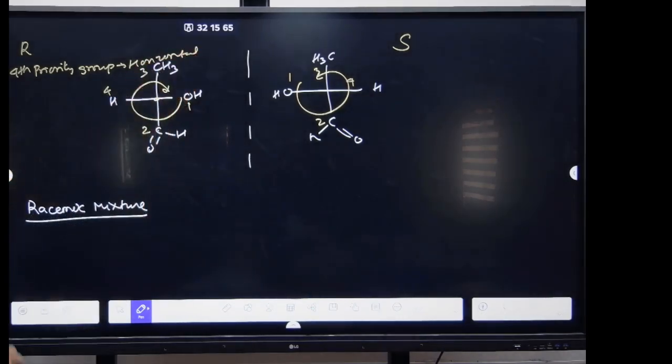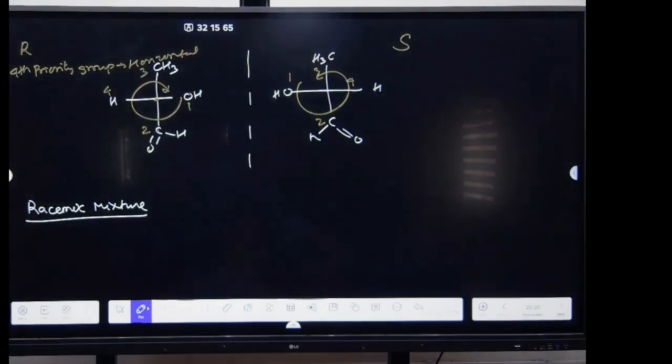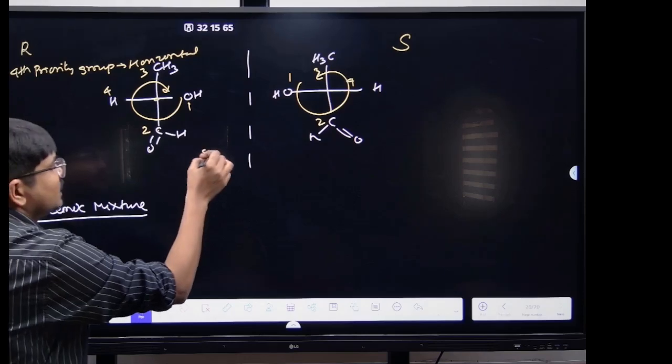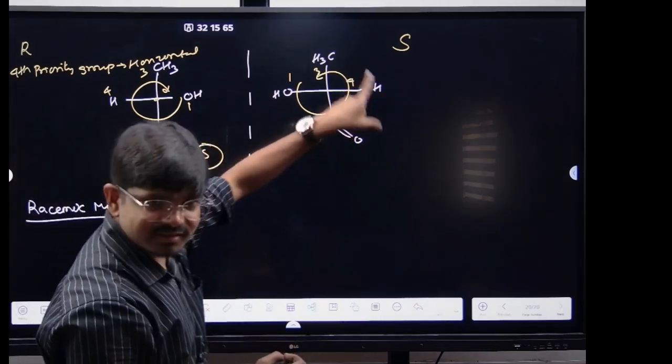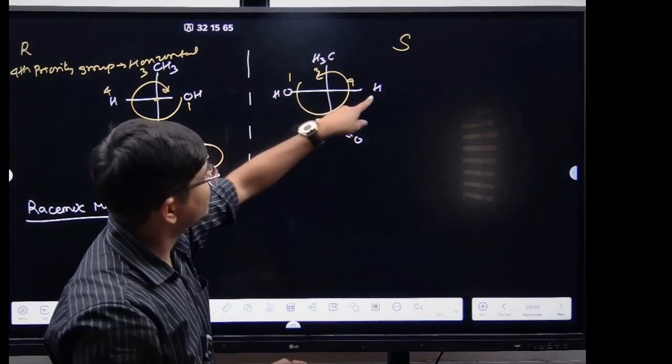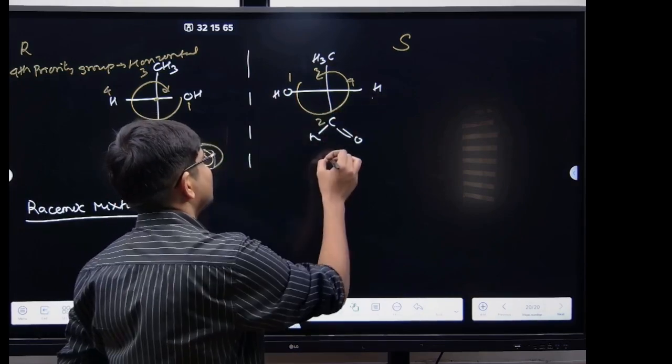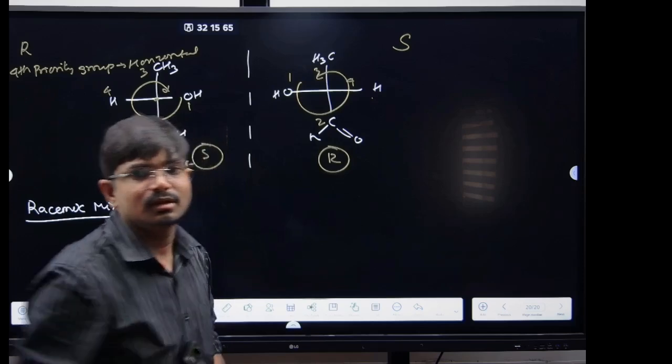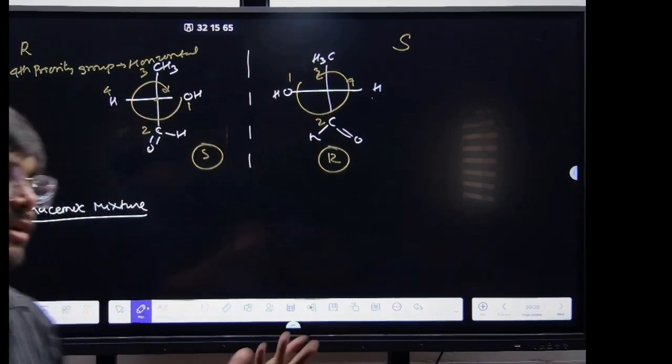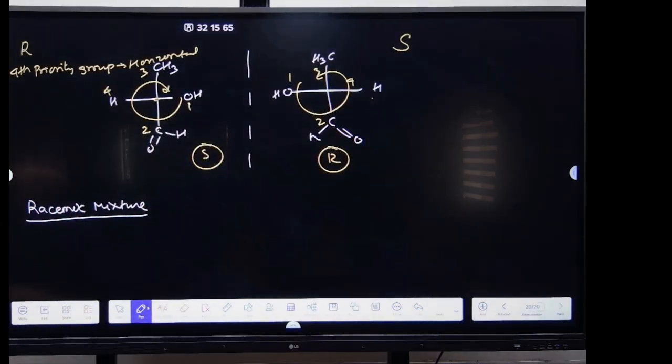Then you have to reverse the configuration. Since we are obtaining R, I have to write S. Here I am obtaining S, but the fourth priority is at the horizontal position, so I have to write R. Got it? This is the absolute configuration, S and R.